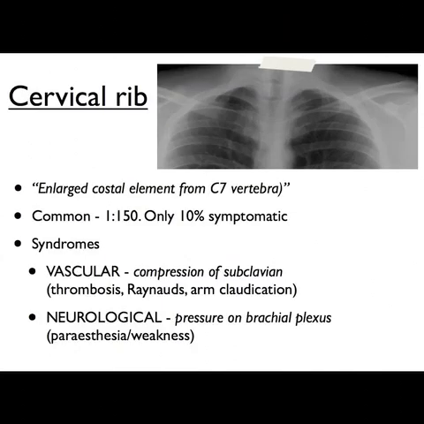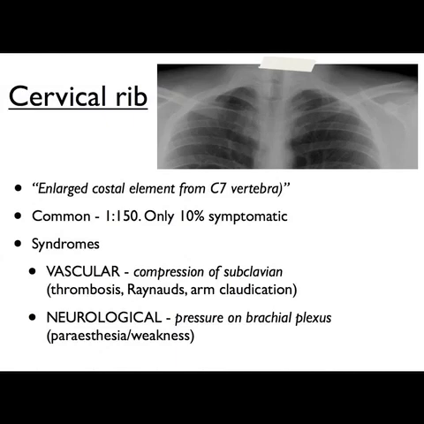So, cervical rib, this is an enlarged costal element, usually from the C7 vertebrae. It's quite common actually, about 1 in 150 people are affected. However, only 10% of these will have symptoms. There are a number of problems that these people develop, and they're really due to 2 underlying pathophysiological processes.